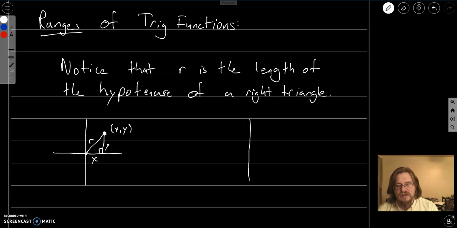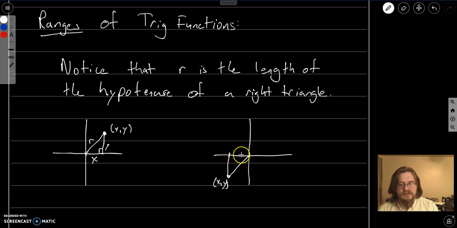This doesn't really matter where the angle is located. So even if we had an angle that was, say, all the way like this, and here is our point x, y, we'll see that x is going to be negative now, and y is also going to be negative.